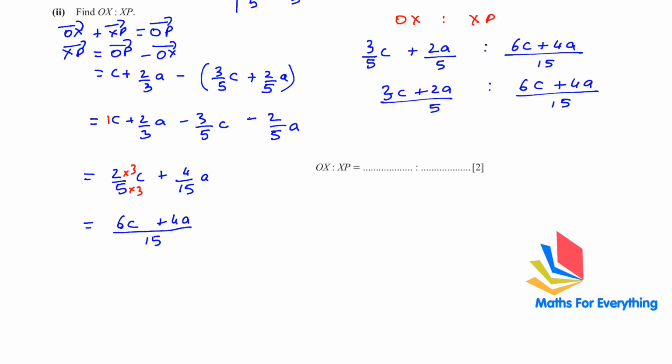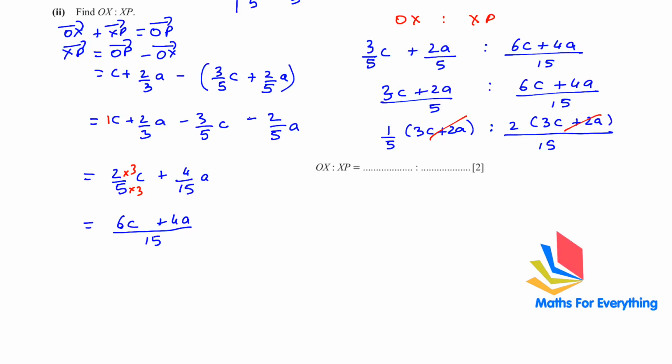So when we factorize it, let's write the number out. And 2 is common here, correct? So 2 times 3C plus 2A over 15. You can see that this is same, so they get cancelled.